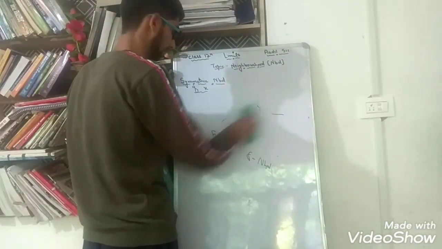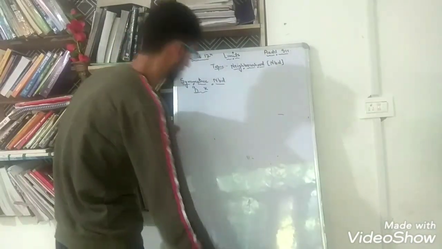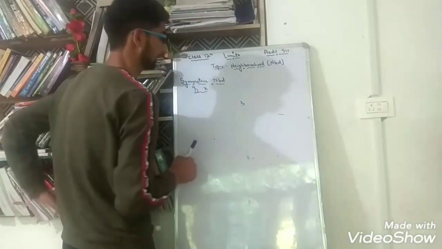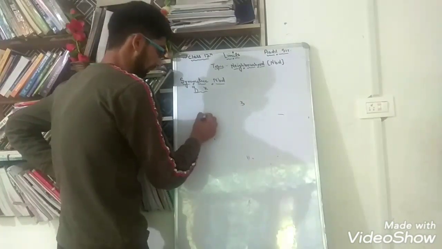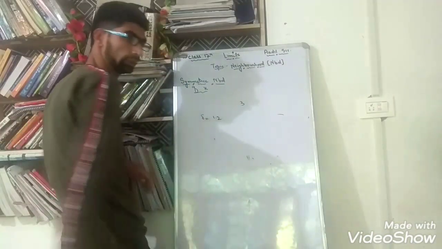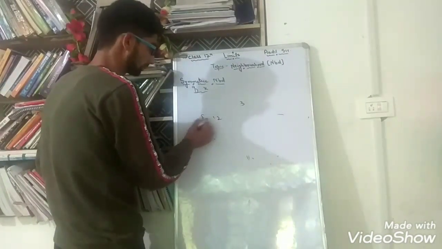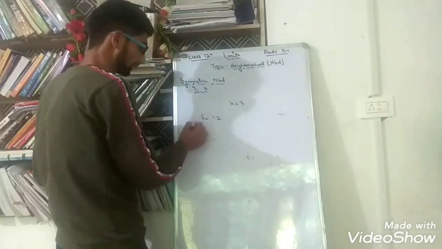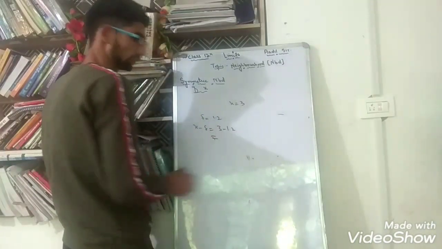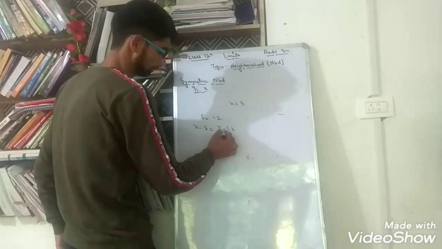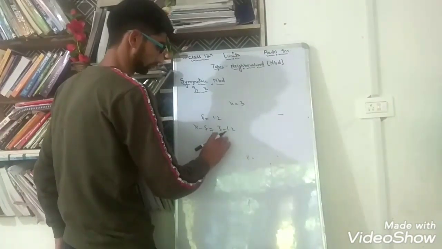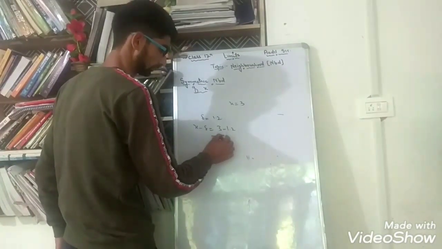Similarly, for example, if we have x as 3, and if we take delta equal to 1.2, what is x minus delta? That is 3 minus 1.2, which is equal to 1.8.